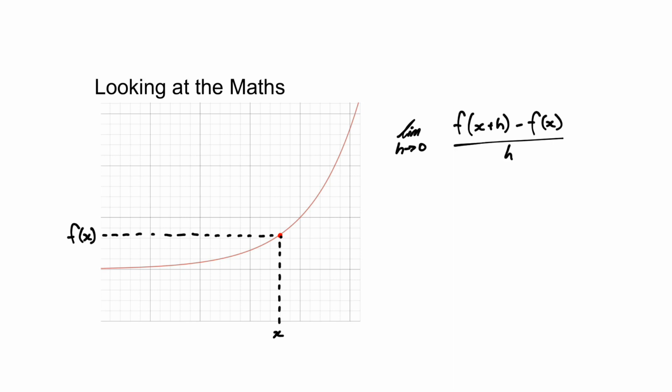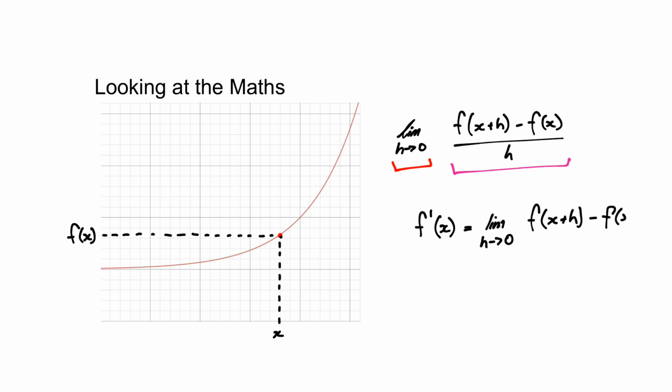So to find our derivative, we first need to simplify this area and then take it to when h is equal to 0. And the way we write this is our derivative, which is symbolized here by this prime: f prime of x is equal to the limit as h tends towards 0 of our function with a small change minus the point that we're actually interested in, divided by our small change.